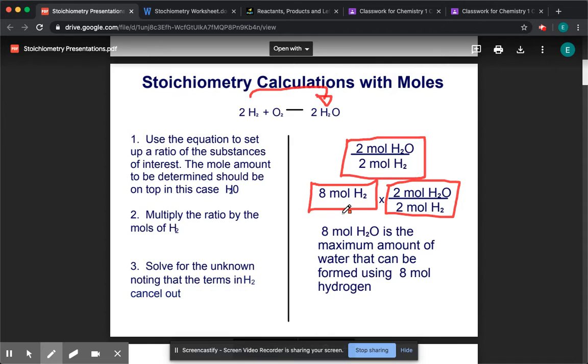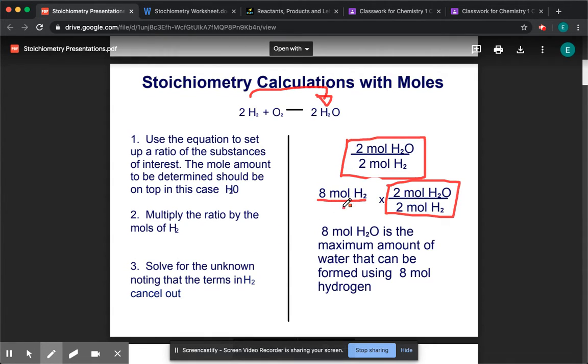When you're setting up these ratios, the thing you are converting to goes on top. Notice how water is on top. The thing you are coming from goes on the bottom. Notice how hydrogen is on the bottom. Remember that you can pretend that anything is a fraction, so this is just 8 moles of hydrogen, which you can make into a fraction.